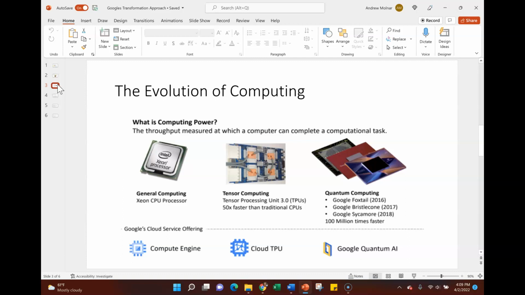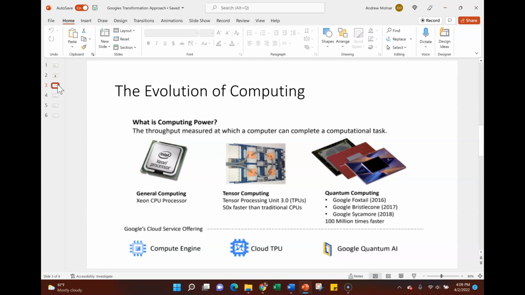So Google decided to create a piece of hardware specifically designed for their tensor data structure. The result is that the computing power is now 50 times faster than a traditional CPU in your laptop. And that gives Google a serious competitive advantage.